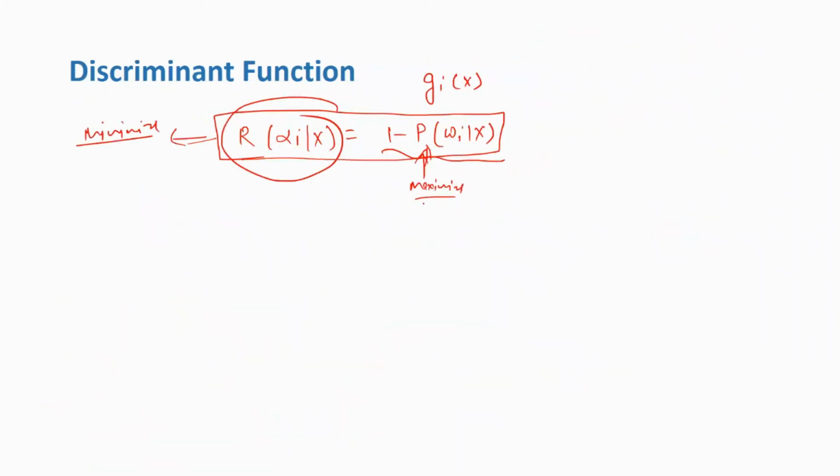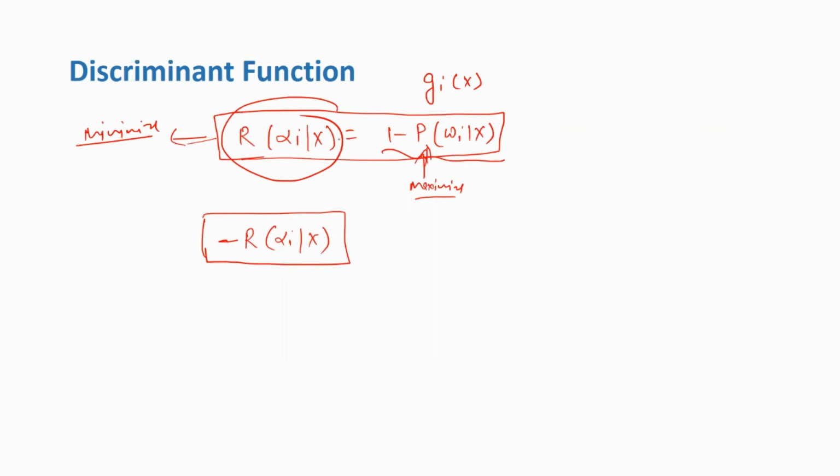Now, can we give this function a different form or not? Yeah, we can do that. So can I also say, to minimize the risk, I need to minimize minus of this term? Am I correct?